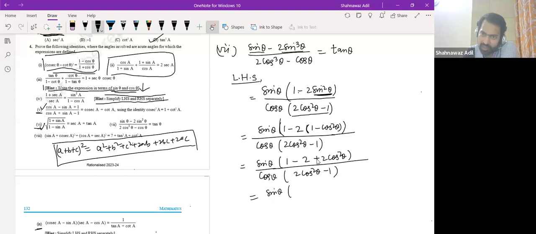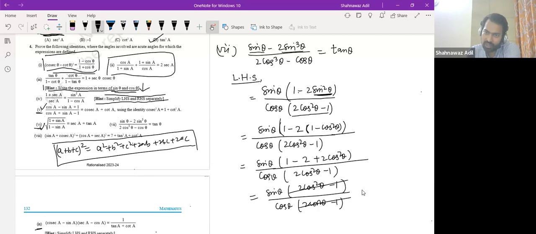Let me write the positive one first: 2 cos square theta. And what is 1 minus 2? So minus 1, and then we have this cos theta, then 2 cos square theta minus 1. So this will cancel. Then we'll get tan theta, which is our RHS. Okay, clear? Everyone clear?